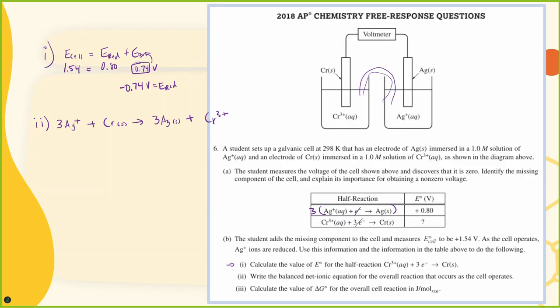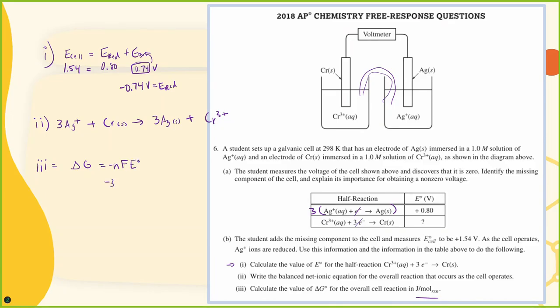Calculate the delta G for the overall reaction in joules per mole. So we don't have to do kilojoules for that. This is delta G equals negative nF E cell.